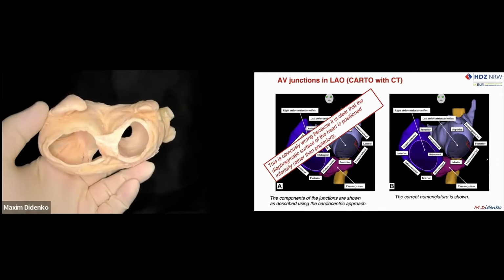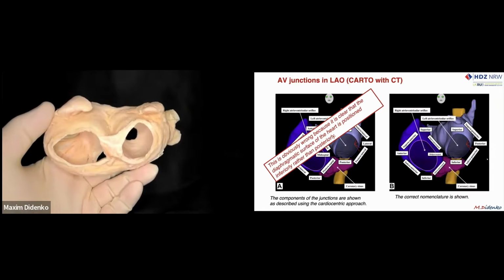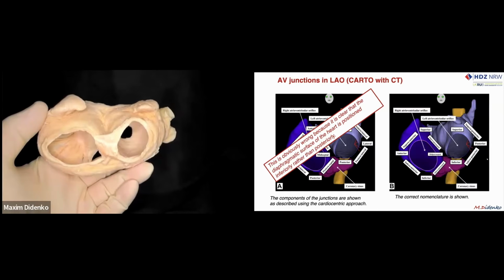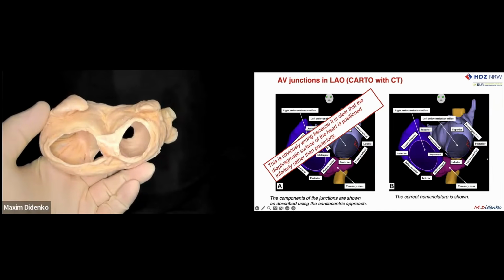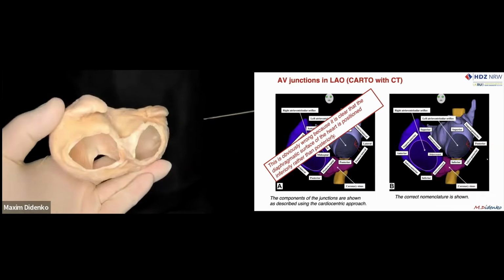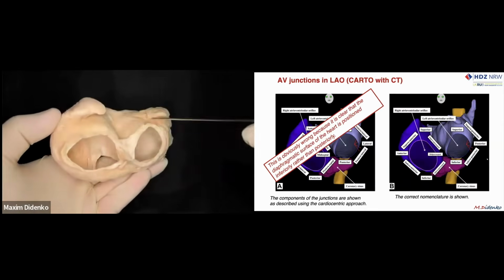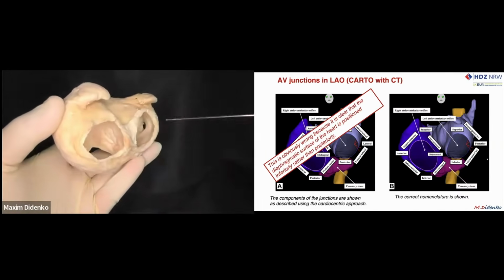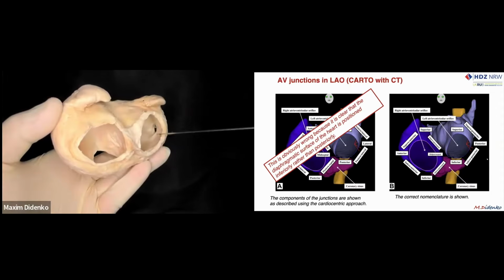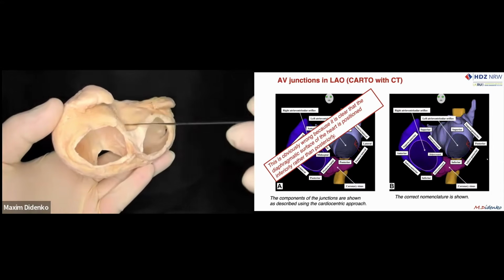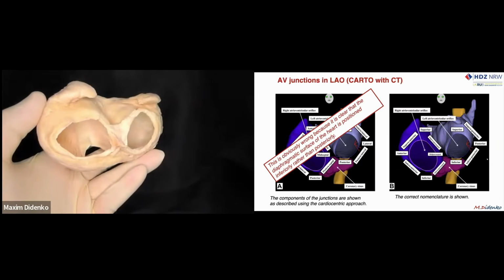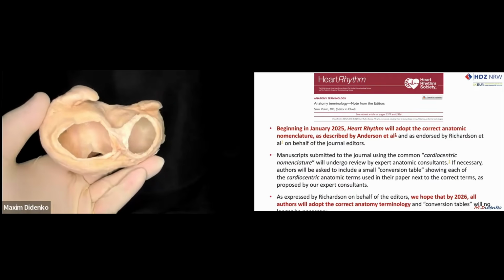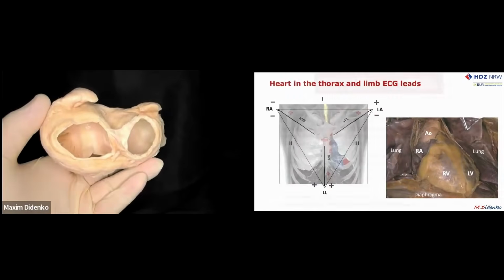I think, Cristiano, I remember that in 1999 Cosio already published a paper where they proposed using this correct orientation of the accessory pathway, where here is superior, this is inferior, this is anterior where the tricuspid valve is, and posterior where the mitral valve is, and of course superior paraseptal, inferior paraseptal. So this is what they encourage, and in the new publication they ask to use this nomenclature.